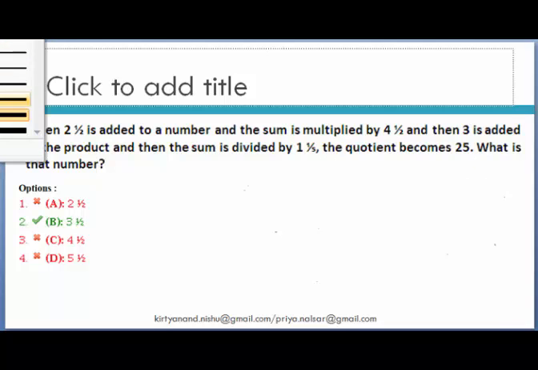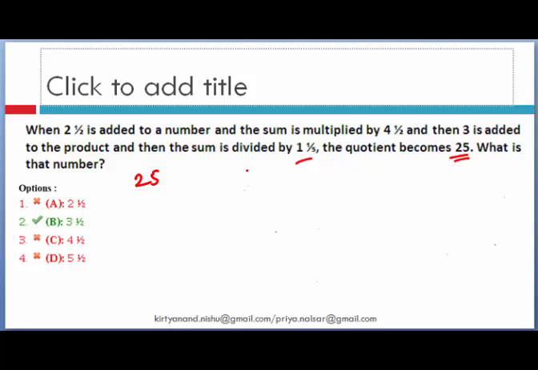We'll start off with 25. We see that some number is divided by 1 plus 1 by 5. So the final answer is 25. If it is divided by this, I will multiply it by this number, which will give me 30. Just mark my steps. Whatever is done here, we will do the right opposite because we are moving in the opposite direction.